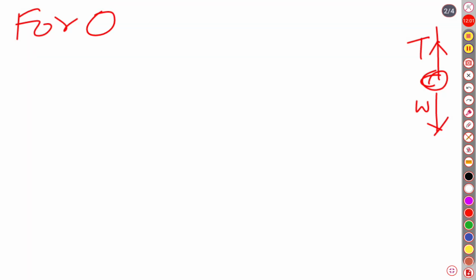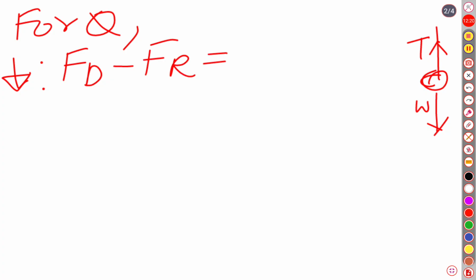For Q, it is going to be downward. And we are going to apply the same concept of Newton's law of motion, which is driving force minus resistance force is equal to mass into acceleration.